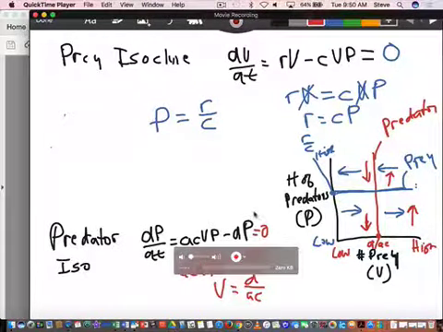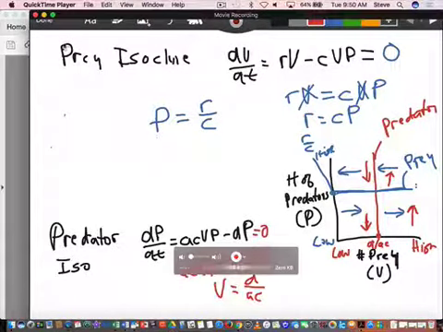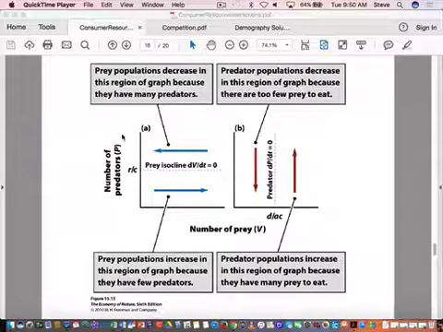So we're going to go through each one of these quadrants in another graph. So let's go back to the PowerPoint. Okay? And this is what I kind of just showed you, but I had put the other lines together. So again, here's the prey isocline.